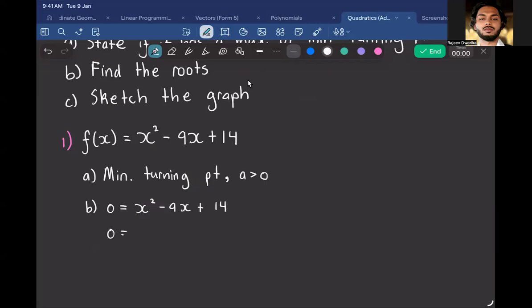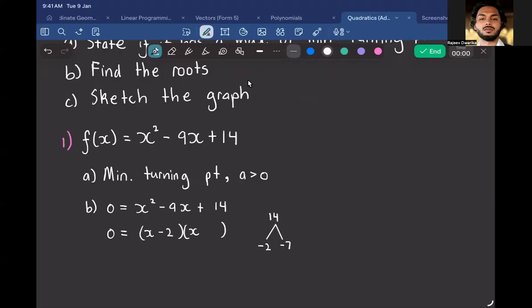We're going to factorize this. To get back x squared, you would say what by what? x by x. To get back 14, what would you say? Negative 2 by negative 7. Because if you add negative 2 and negative 7, you get negative 9.